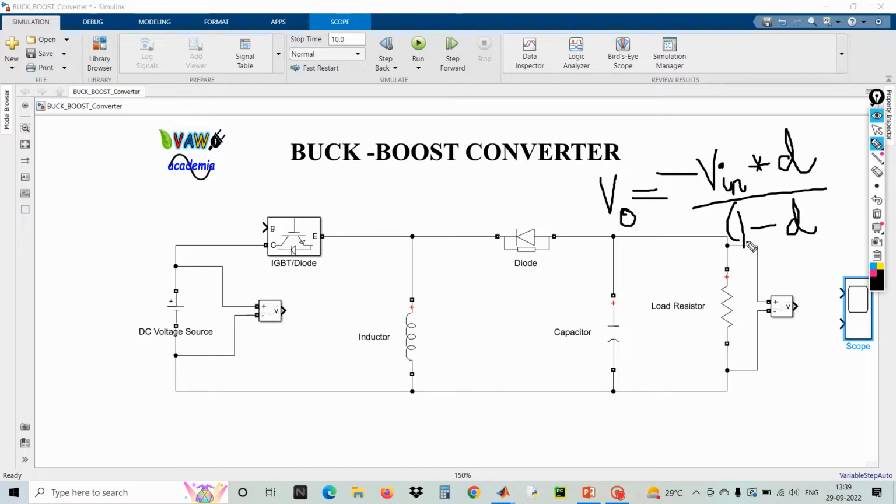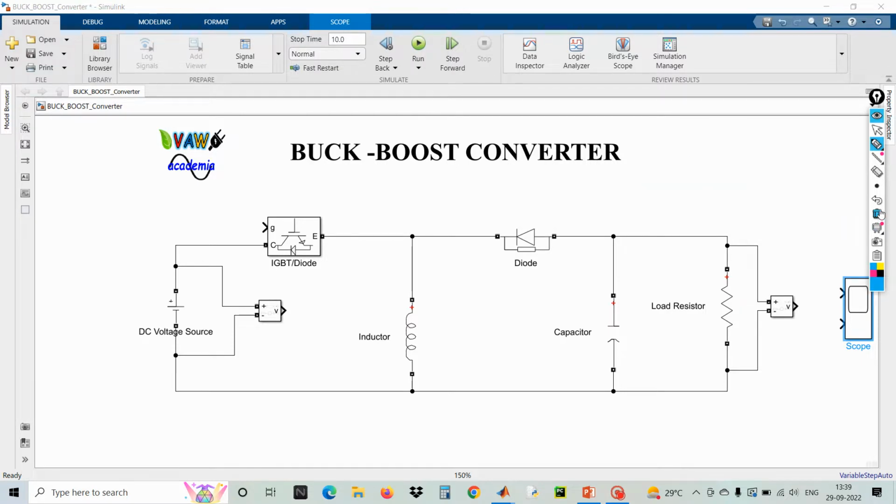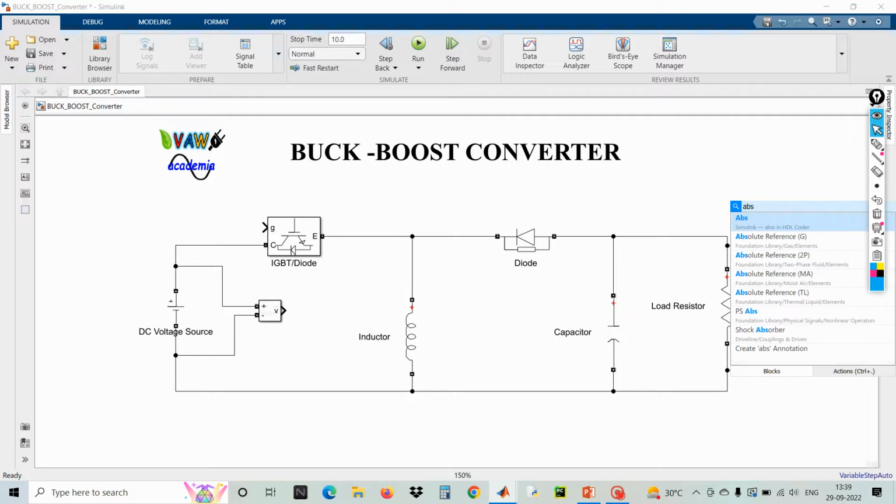So this is the relationship which relates the input and output voltage of buck boost converter. So here this minus negative term will come into picture. If you want to see the output voltage, to avoid that negative term, I am going to use the absolute component. Actually, I want only the absolute of output voltage.